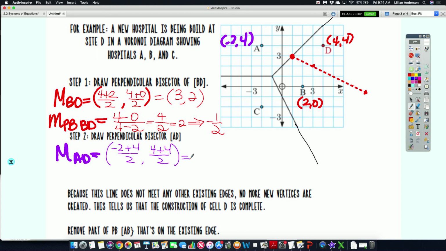What's -2 plus 4, divided by 2? 1. What's 4 plus 4, divided by 2? There's my midpoint, 1, 4. So I'm going to plot that.